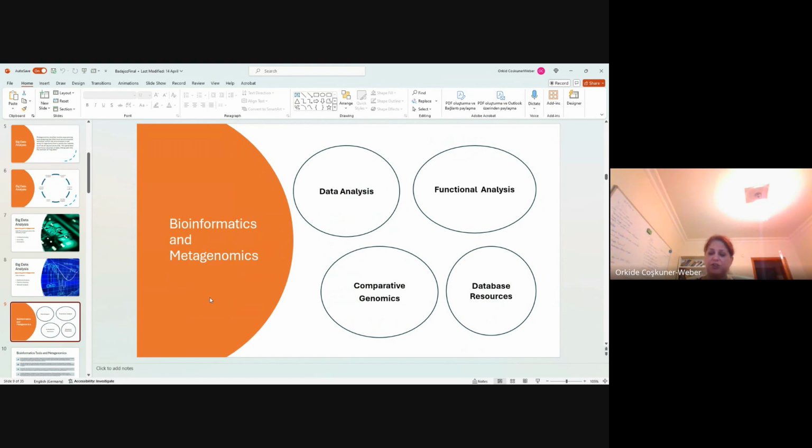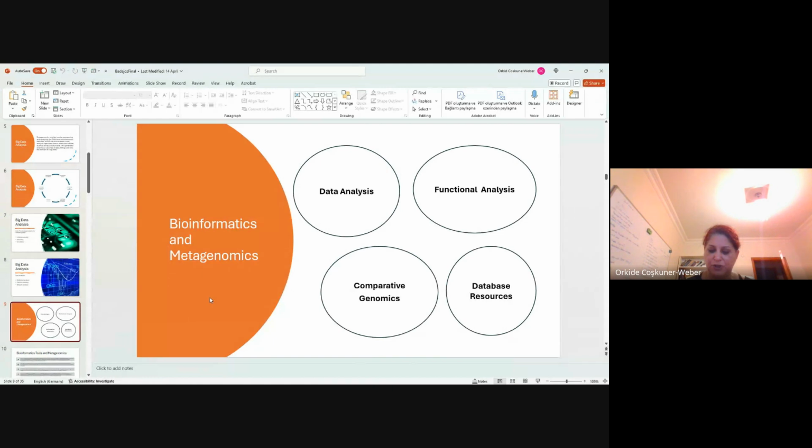By predicting gene functions, metabolic pathways, and biological processes associated with the microbial communities in a given environment, bioinformatics tools help to elucidate the functional capabilities of the microbial populations.